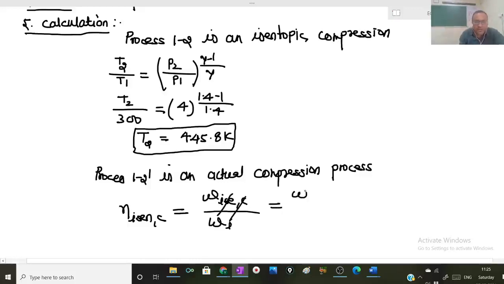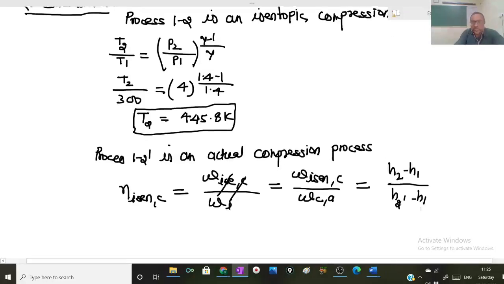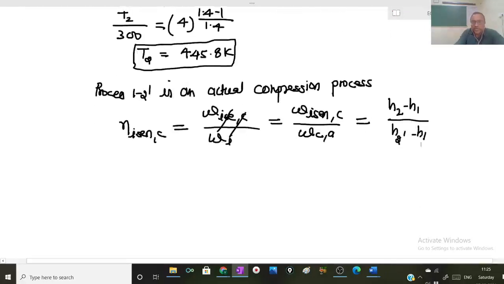Compressor is a work input device. So if isentropic compression takes place, it will require less work input, like this: H2 minus H1 over H2 dash minus H1. This formula I have discussed in the analysis of the actual gas turbine cycle.